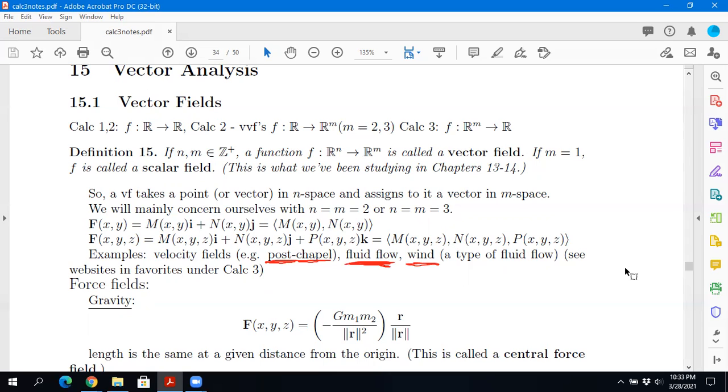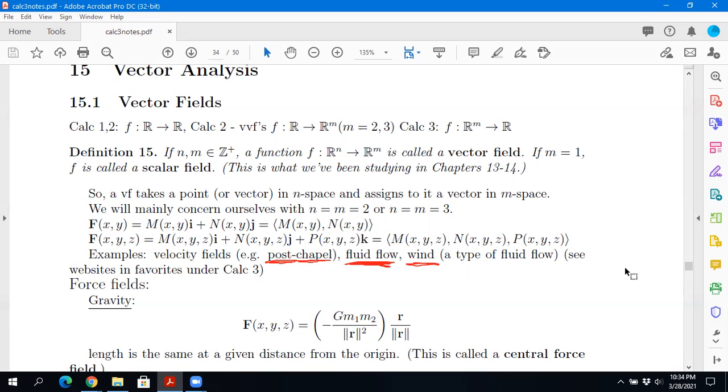They'll show a topographical map and say the wind's blowing in this direction, and they'll draw an arrow, and they'll draw the arrow longer if the magnitude of the wind velocity at a given location is larger. And they'll say what it is, say, 20 miles per hour to the north by west or something.